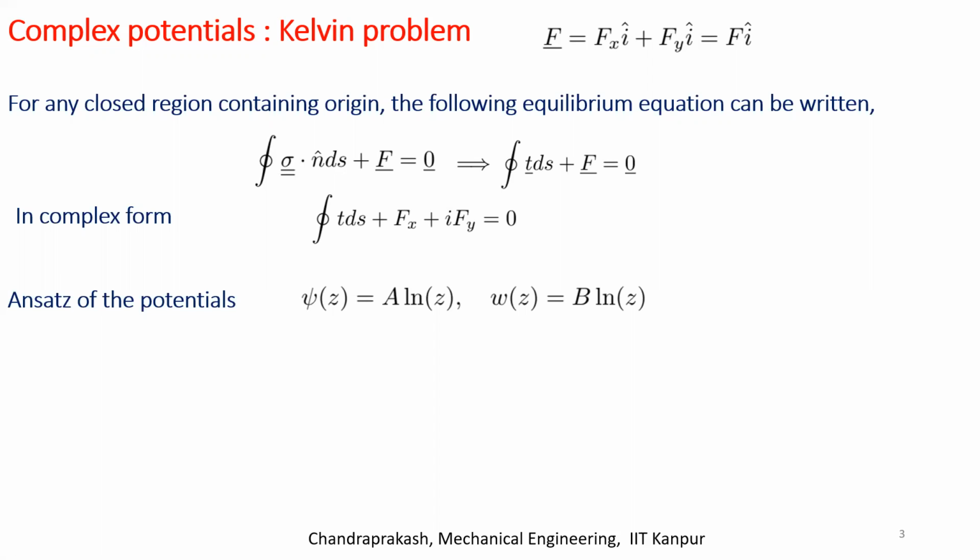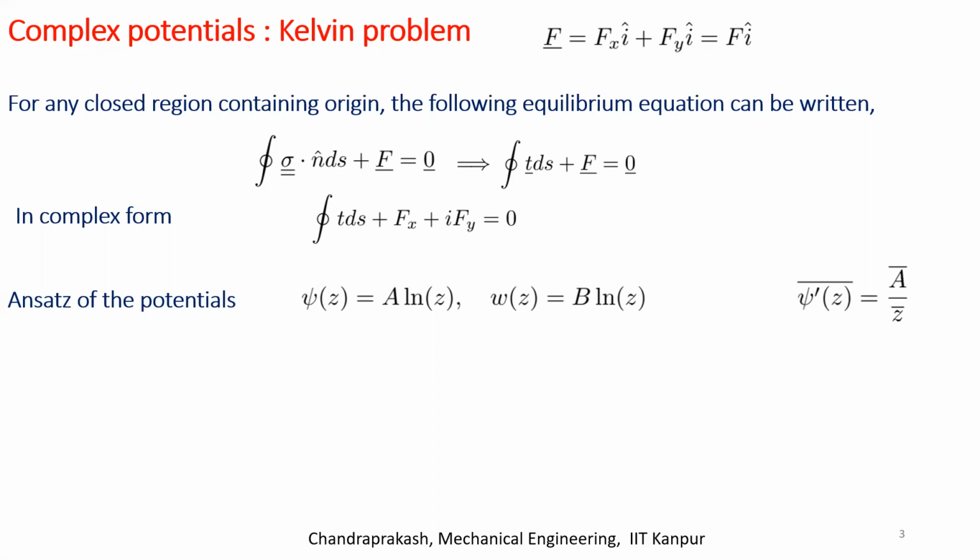And you can write it as, in the numerator, exponential minus i theta divided by r. And if you see, as r tends to infinity, the quantities will converge to zero. Every quantity which has the derivatives of psi or omega will converge to zero. That is the reason why we have chosen logarithm of z as the answer.